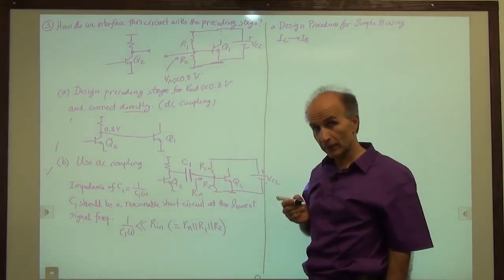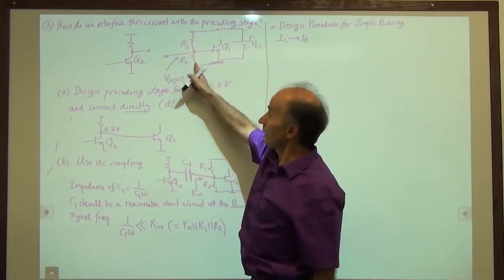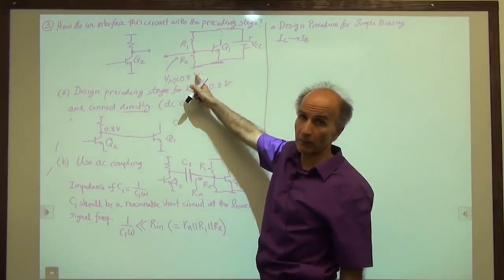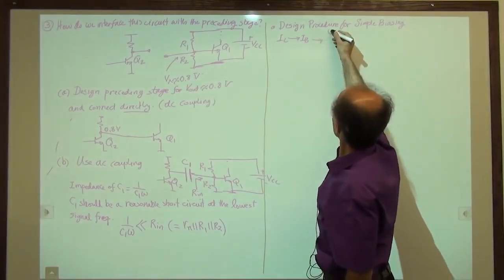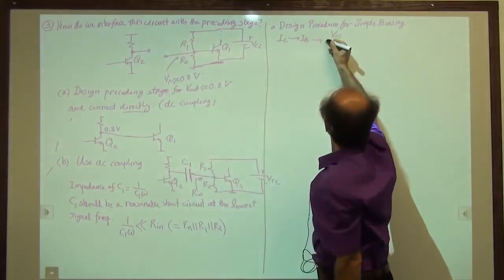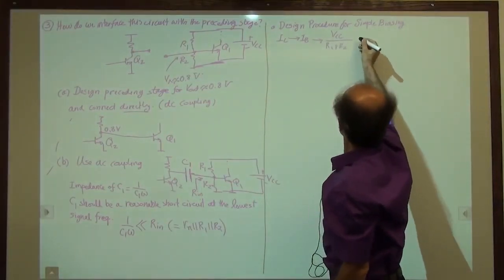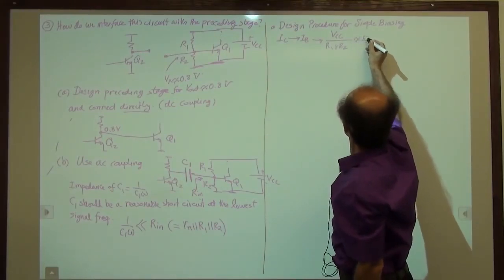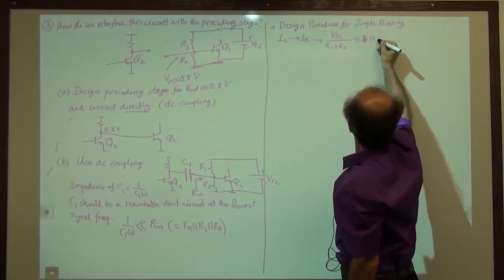If we know the base current of the device, then we want to choose the current through the resistive divider to be much higher, maybe 10 times. So we pick VCC, this is VCC from here to here, divided by R1 plus R2 to be approximately 10 times IB.